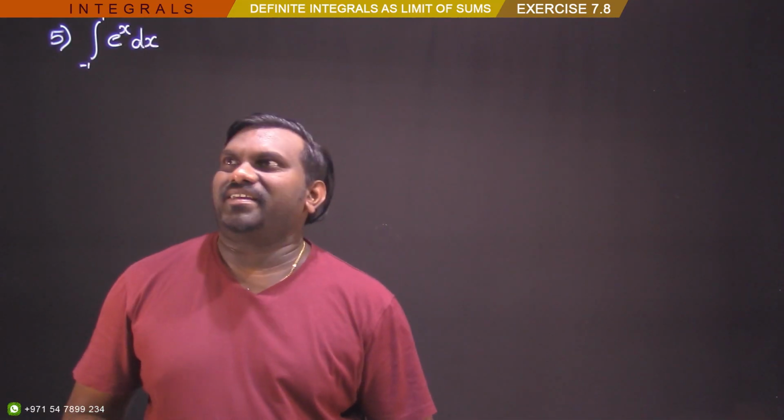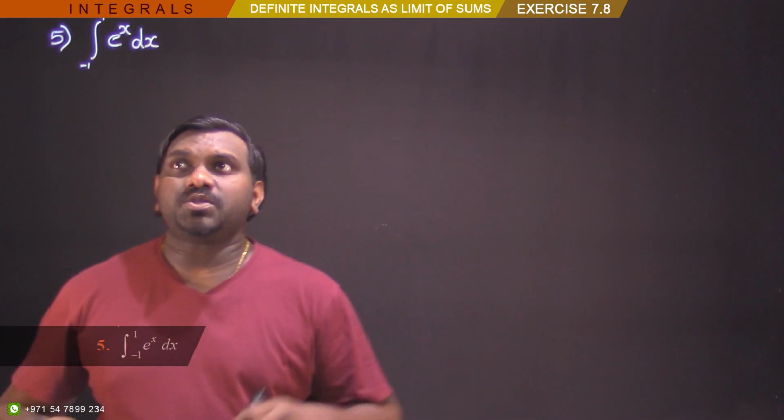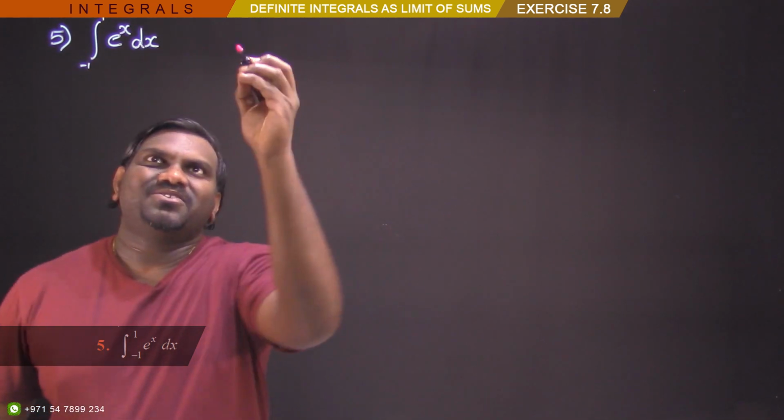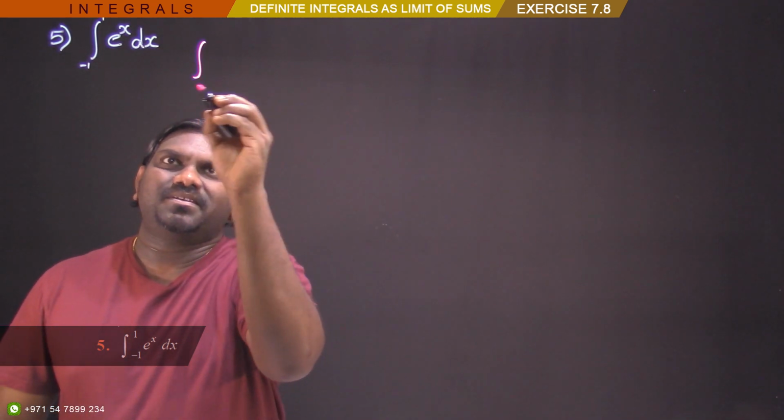On to the fifth question, dear. Integrate from minus 1 to 1 e raised to x dx, by the limit of a sum, dear. So you know the formula. What is it?